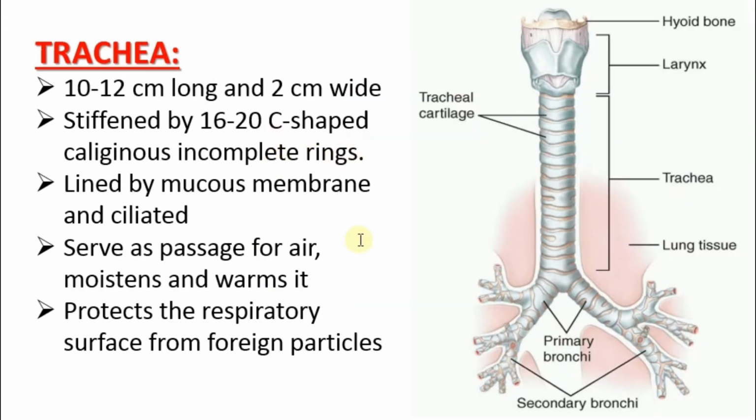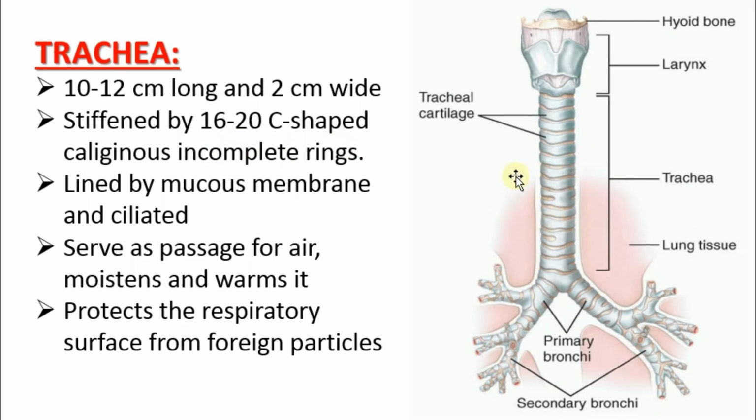Trachea. It is about 10 to 12 cm long and 2 cm wide. On the trachea you can see horseshoe-like or incomplete C-shaped rings covering the trachea. These structures are made up of cartilage and prevent the trachea from collapsing.